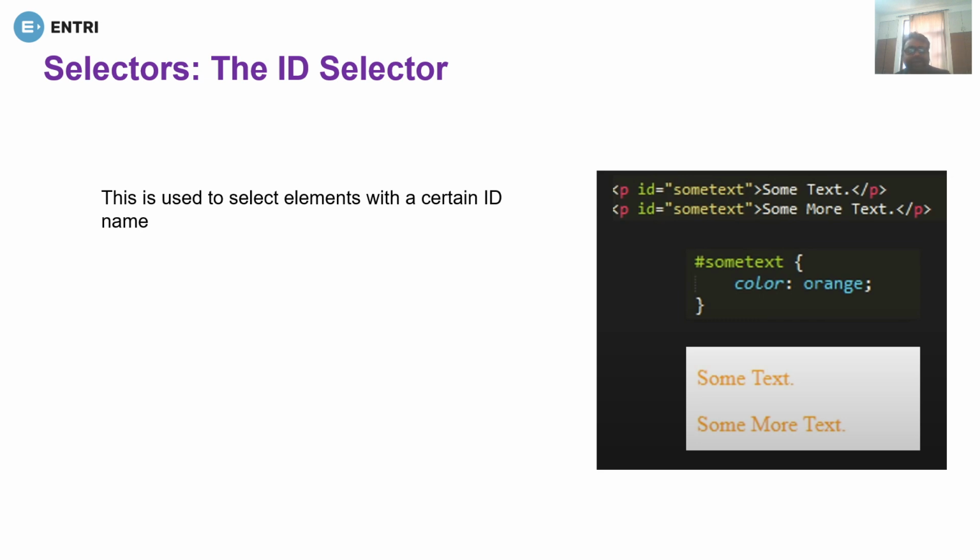So when we give an ID name, obviously we are doing a one-to-one thing, right? A single element has to be coded, a single element has to be designed, but you can use it more than once. It's an option. But we generally don't use the ID for more than one element. For that you can use class if you want.